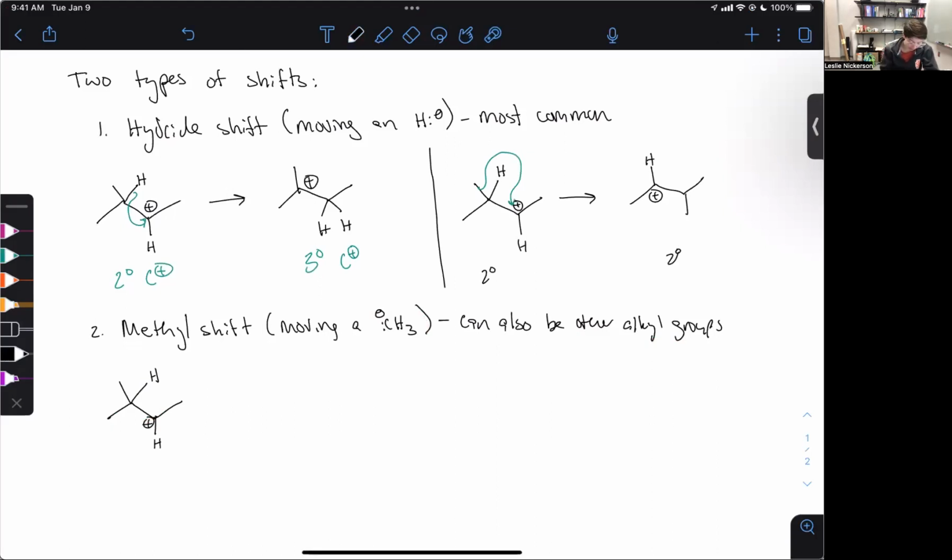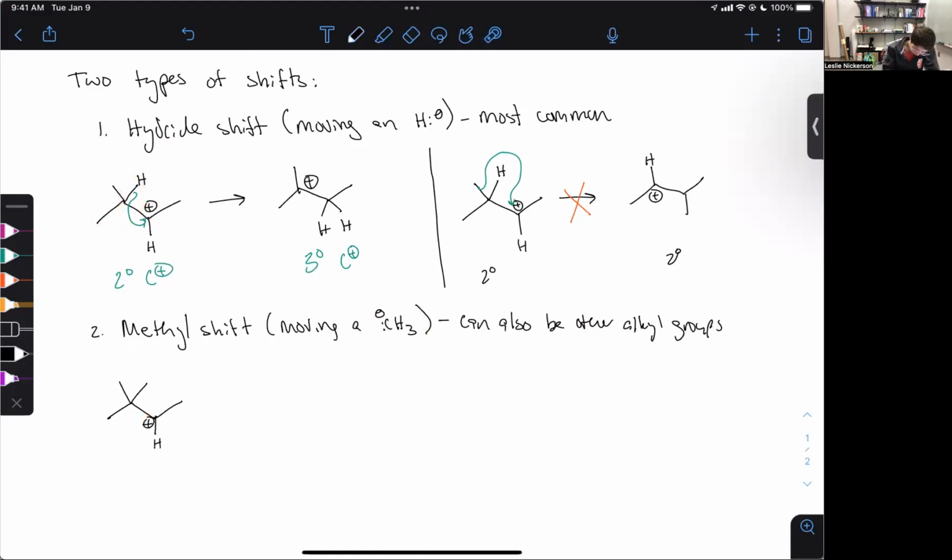There was no benefit there, so we're not doing that. It's going to be very clear whether you're doing a hydride or a methyl shift, because if you have a hydride to move, that's always going to be the one that you pick, because then you keep as much substitution in terms of carbon atoms where they are staying put. If I have a bunch of alkyl groups, that's the only option I have to move.